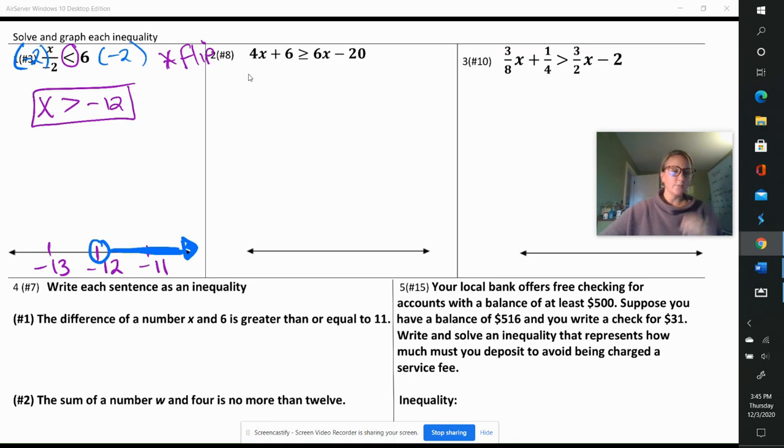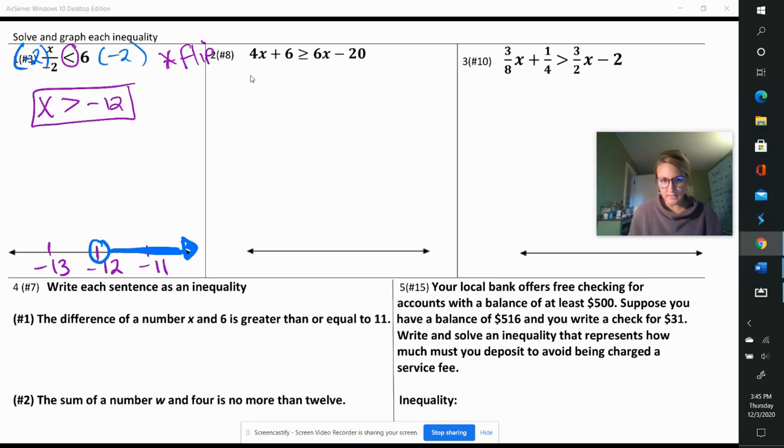For number 2, which is number 8 on the review, we want to collect all variable terms to the left side and the numbers on the right side. And in order to move these terms, we have to either add or subtract them, depending if they're positive or negative.